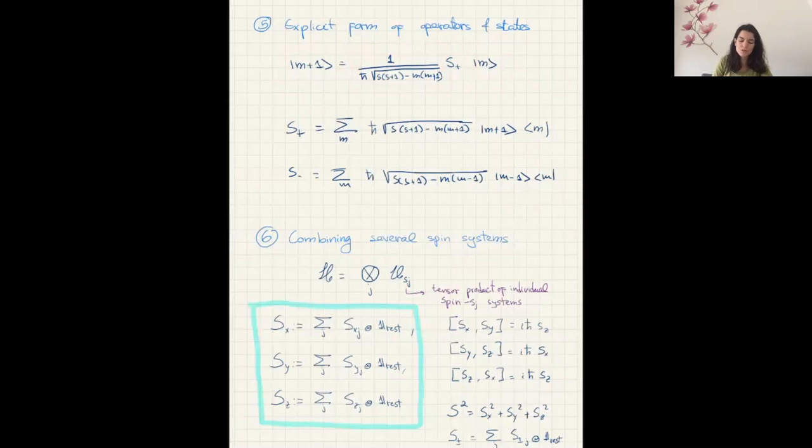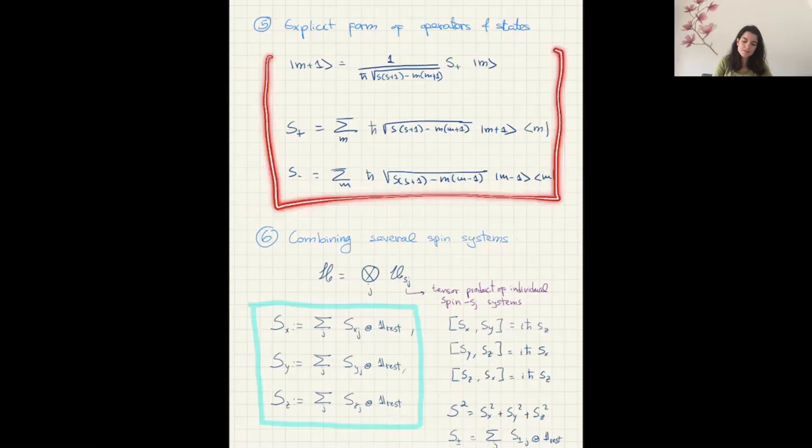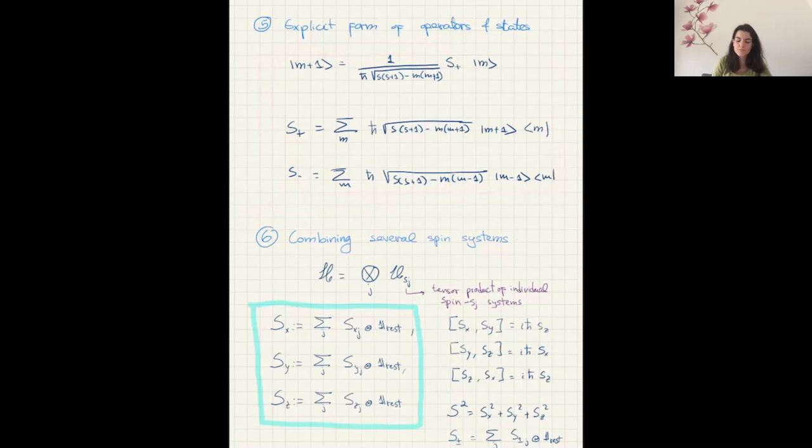And this led us to a way of expressing s plus and s minus. It's just taking this directly here and seeing that s plus goes from m to m plus 1 and so on. So I think in the tutorial you found the explicit form of these things for a boson, so for a spin 1 particle. It's very good.